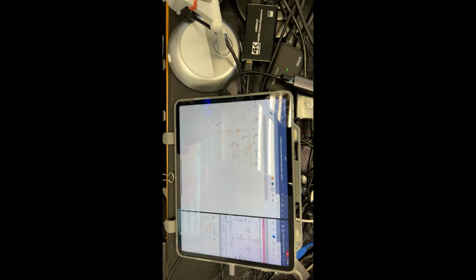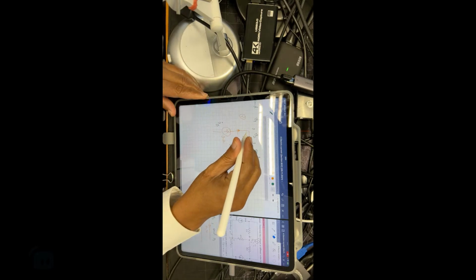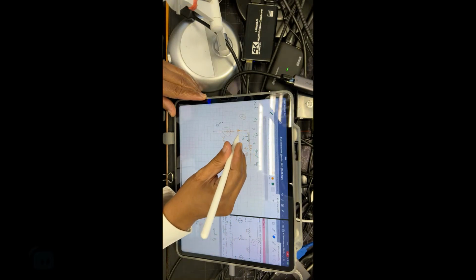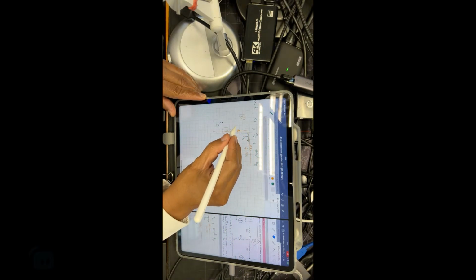Out of the nodes, all of that. Okay, thank you. Everything is going out of the nodes like this.